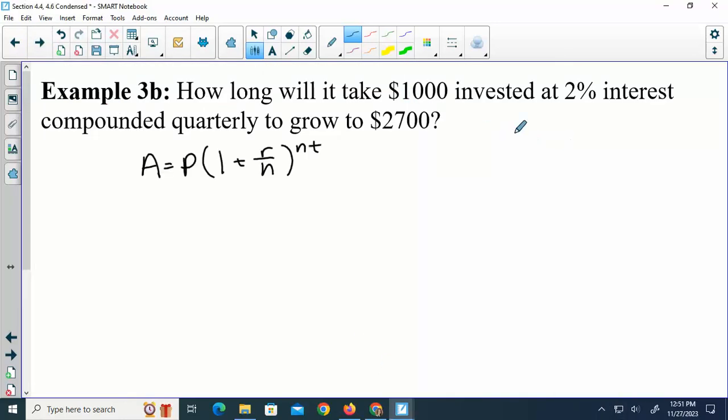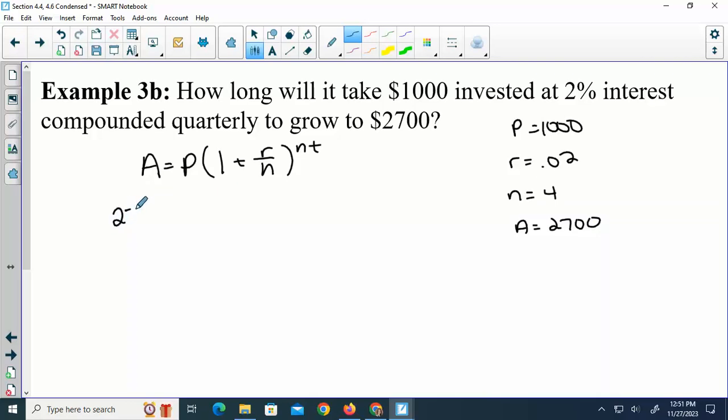So what does the 1,000 represent? 2% would be the R. Compounded quarterly, so how many times a year? Okay, we're ending with 2,700, so that's our future value or the final amount.